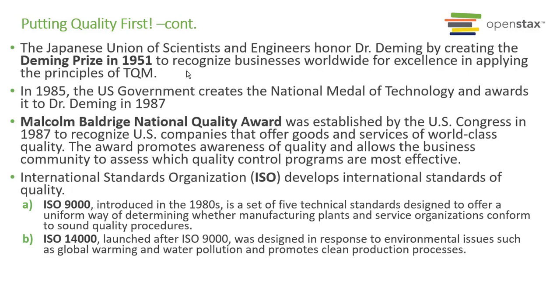The same year, in 87, the Malcolm Baldrige National Quality Award was established by Congress to recognize companies that offer goods and services of world-class quality. Essentially, what I'm showing you here is that what the Japanese created in 51, named after Deming, we created something like it in 87.